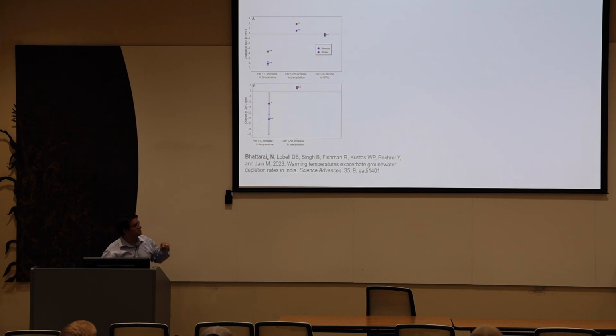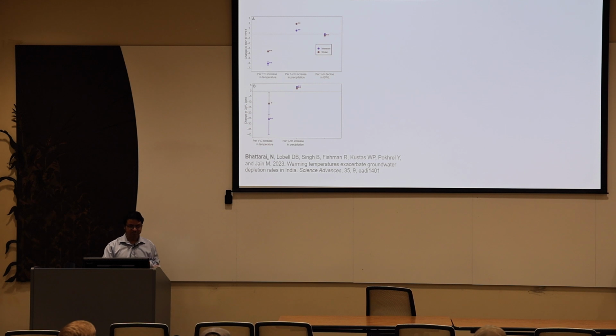Here you can see the results from the regression models. On the x-axis is the cause, and the y-axis is the effect. On the x-axis you can see what happens when there's a 1 degree increase in temperature: what happens to the change in ET by PET. ET is the actual ET, PET is the potential ET. So PET is the demand, right?